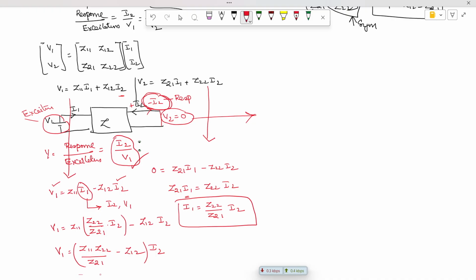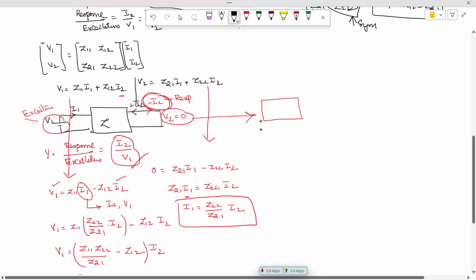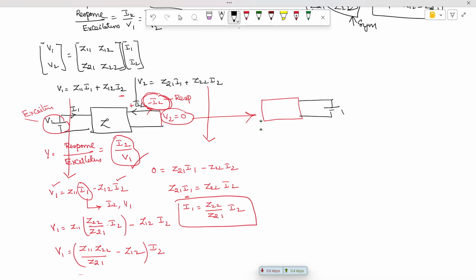So how to find it out: consider the same two-port network, and now we will give the current at the output side, which makes a current flow as I2 by applying a voltage of V2, and we will take the input.